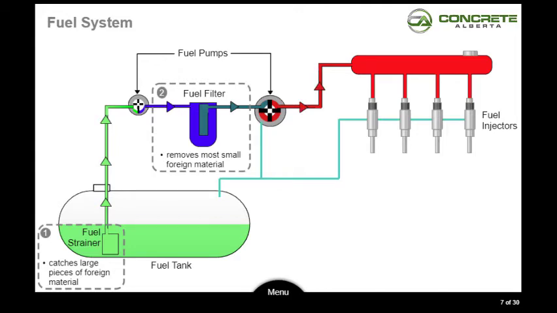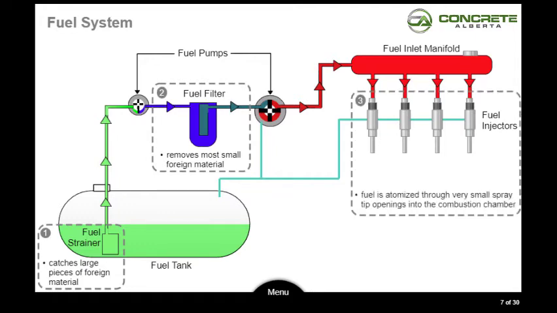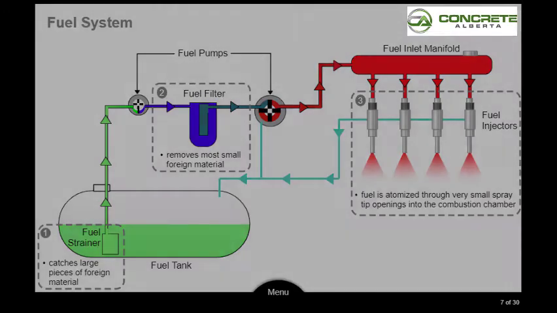The fuel travels onto the fuel inlet manifold. Fuel pipes carry the fuel into the inlet side of the fuel injectors. Here the fuel is atomized through very small spray tip openings into the combustion chamber. Surplus fuel returns from the injectors through fuel lines back into the fuel tank.